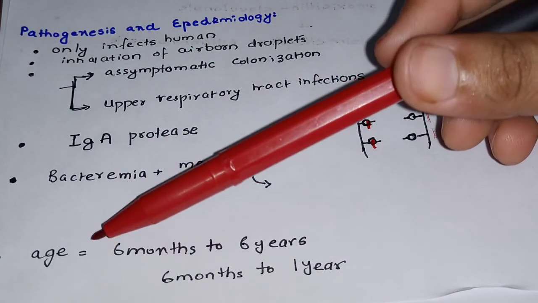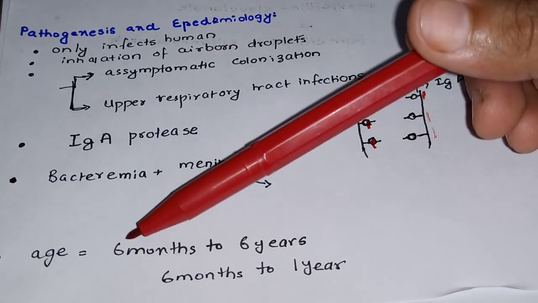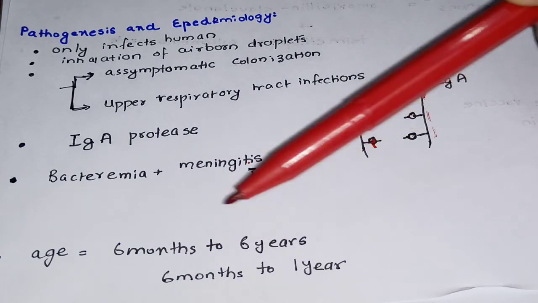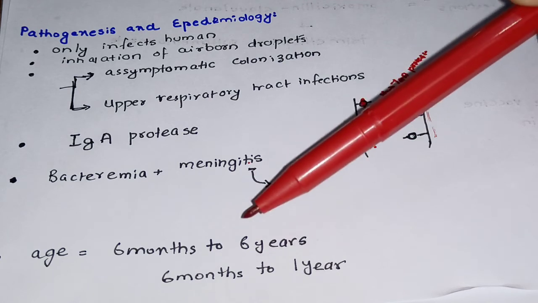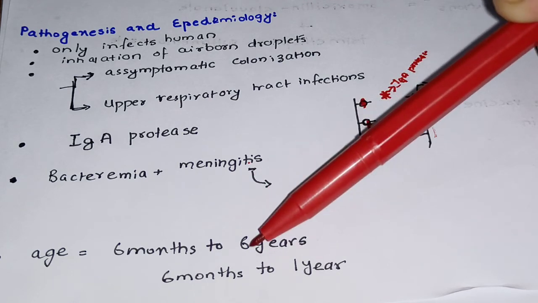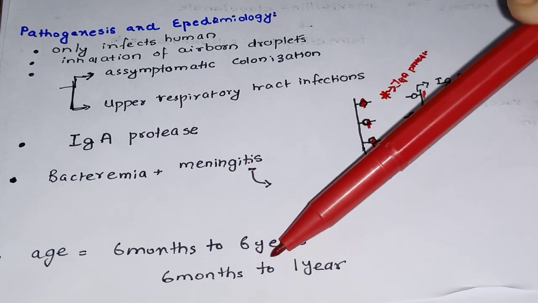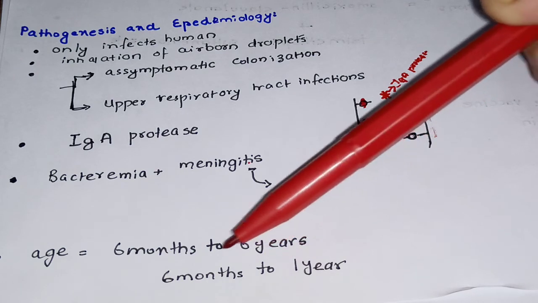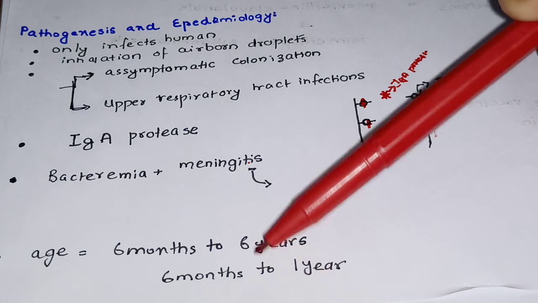Now, in which age group are there more chances to be infected with Haemophilus? This is 6 months to 6 years. This is the age in which there is a high incidence of infection, and the peak is at 6 months to 1 year. Why are children more prone to be infected in this age?